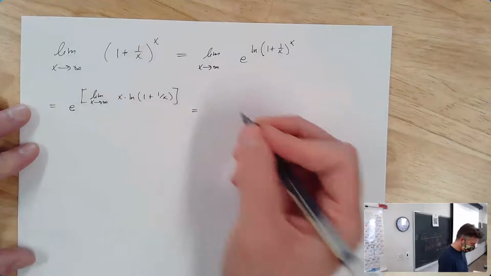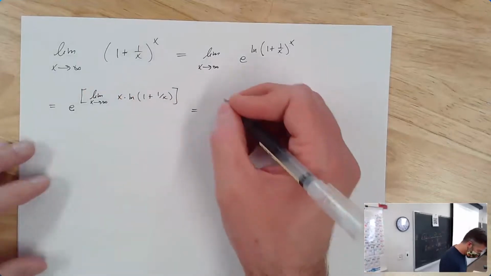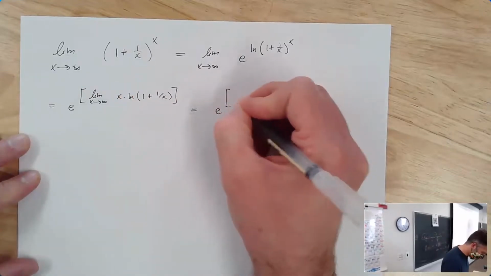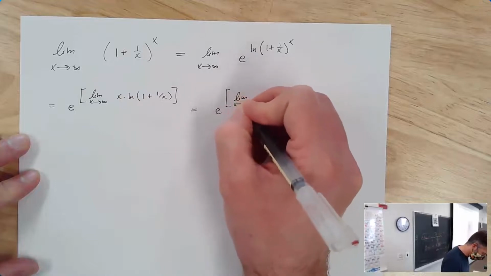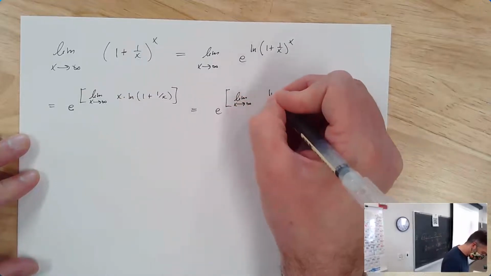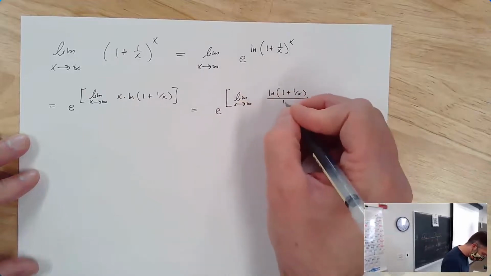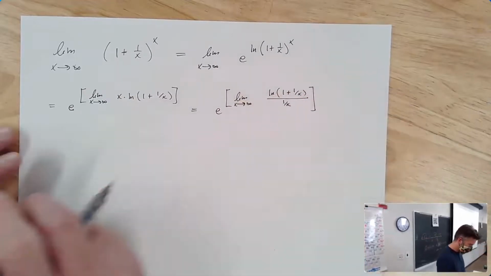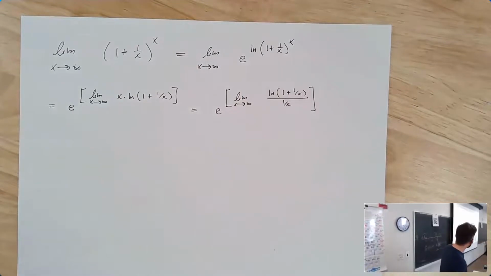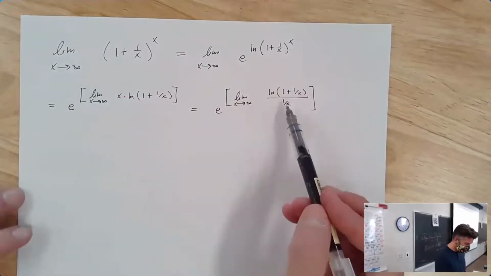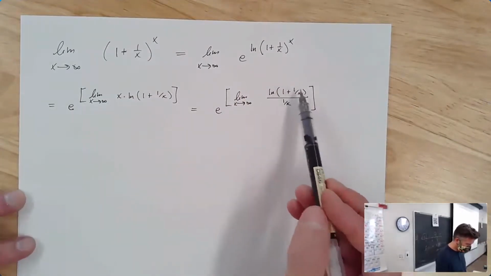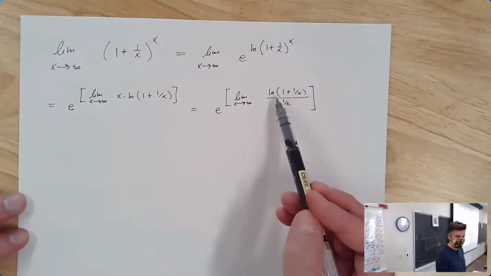And finally, we want to get it into a form where we can use L'Hopital's rule. So it's going to be e to the limit as x goes to infinity of the natural log of 1 plus 1 over x, over 1 over x. And now we can use L'Hopital's rule, because the denominator is going to 0 and the numerator is also going to 0 because it's a natural log of 1.